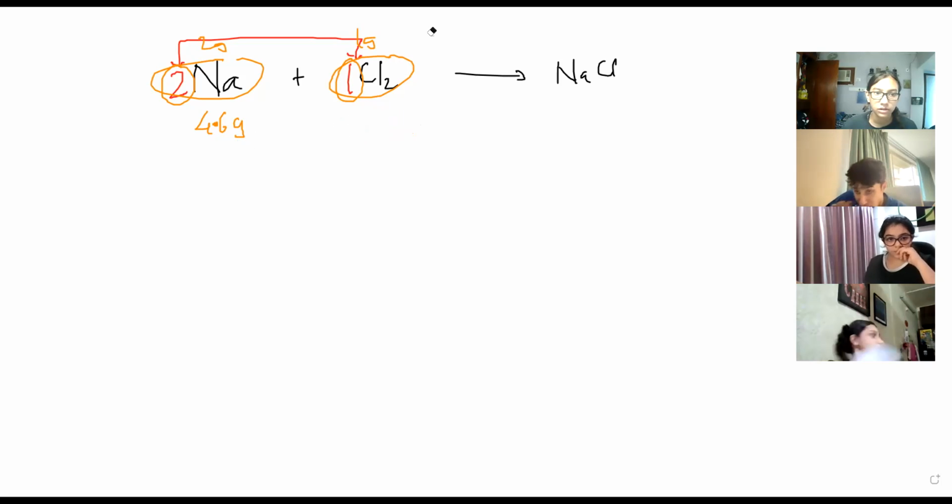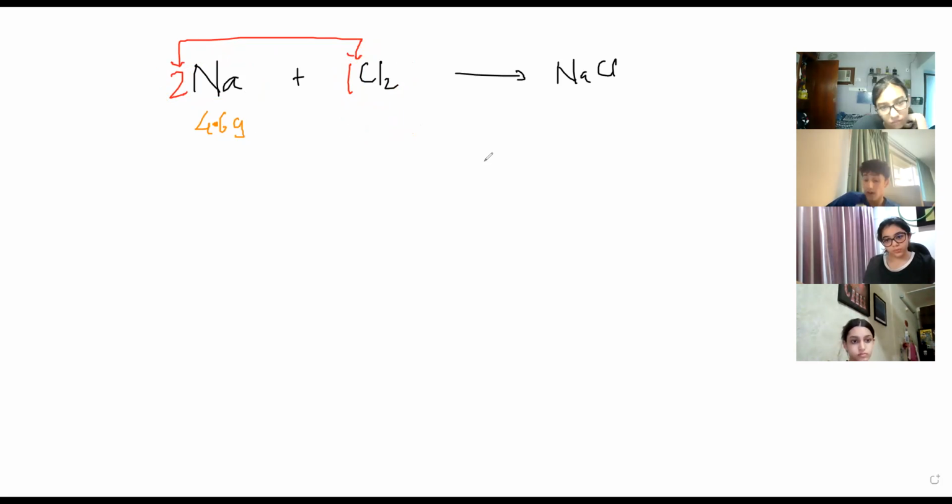I hope you understood what I said. I said sodium and chlorine are in the mole ratio. I'm stressing on the word moles. Now, does the word mole tell you a quantity or the weight? What does mole tell you?